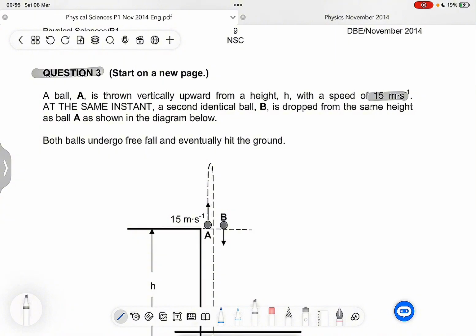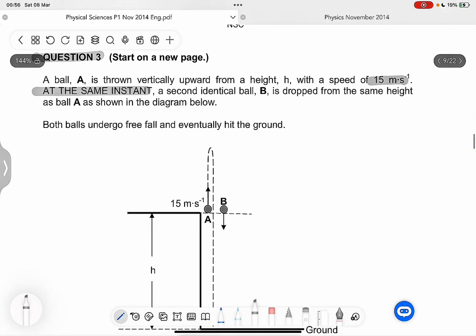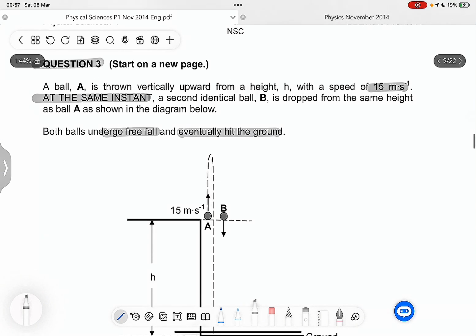At the same instant, a second identical ball B is dropped from the same height as ball A, as shown in the diagram below. Both balls undergo free fall and eventually hit the ground.